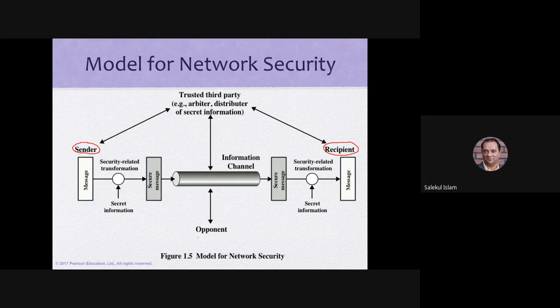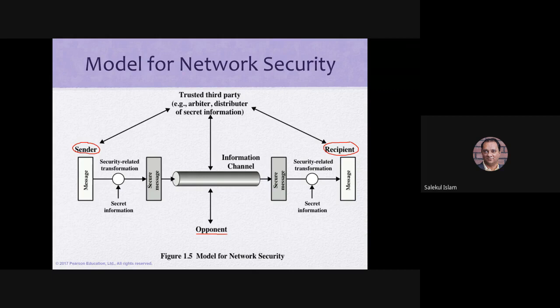So there is some opponent here. Opponent means attacker. The information channel is a public channel. When we say public, that means anyone can access that information channel, for example, the internet. The internet is a public network, right?